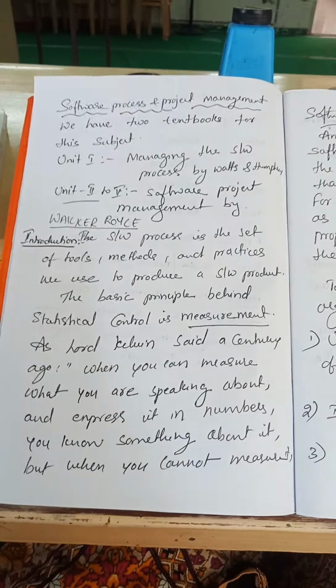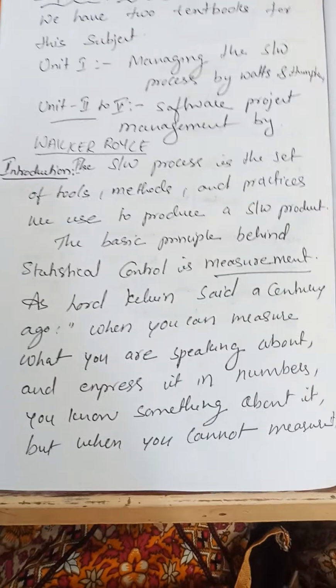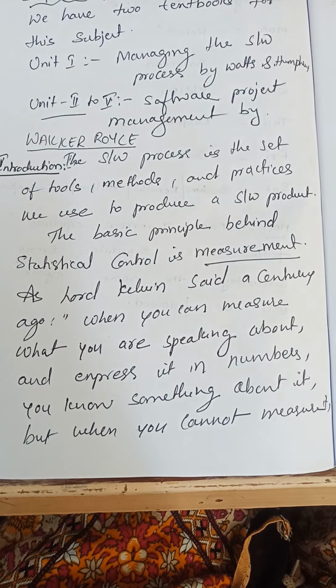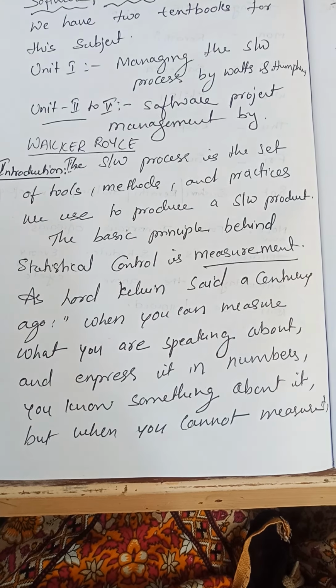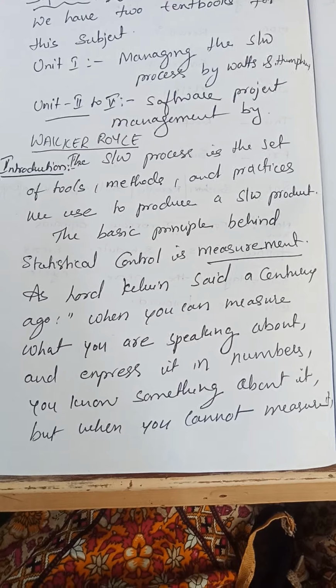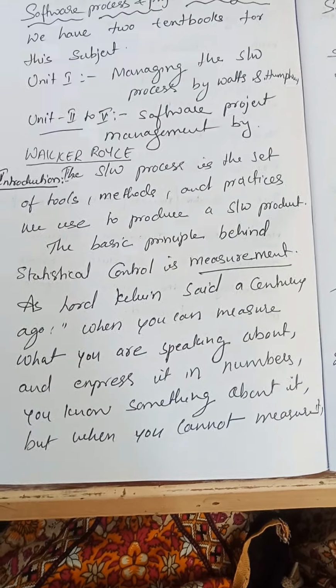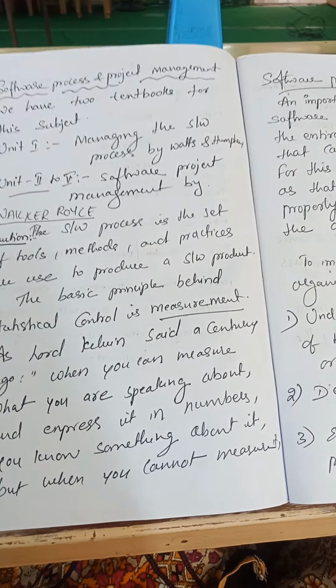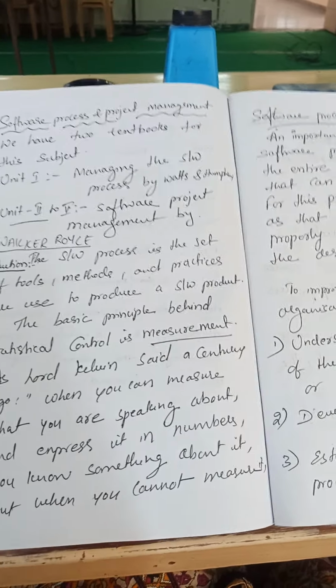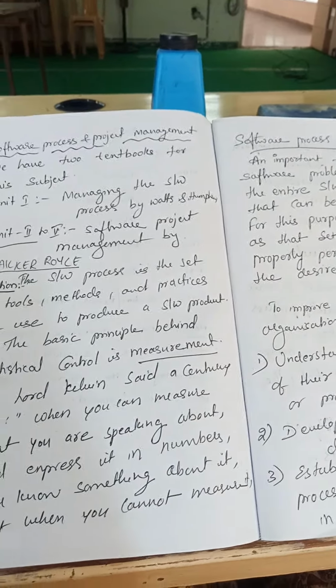The software process is the set of tools, methods and practices we use to produce software. Everything together makes a successful product in the market.